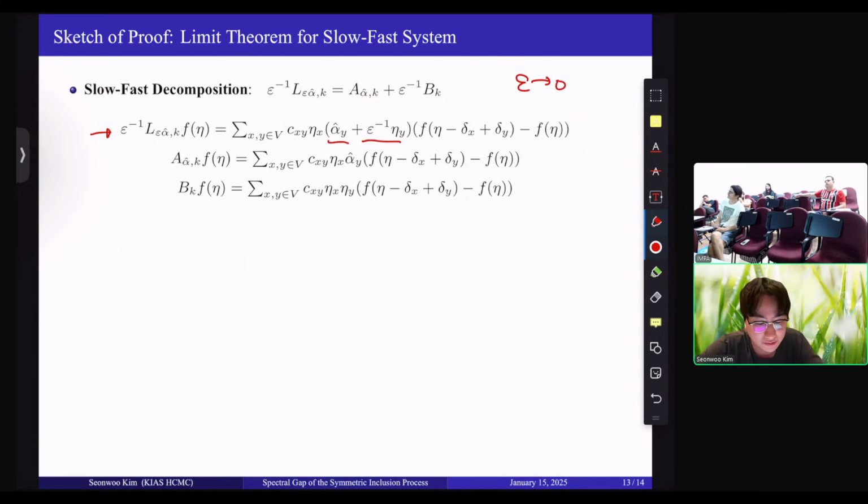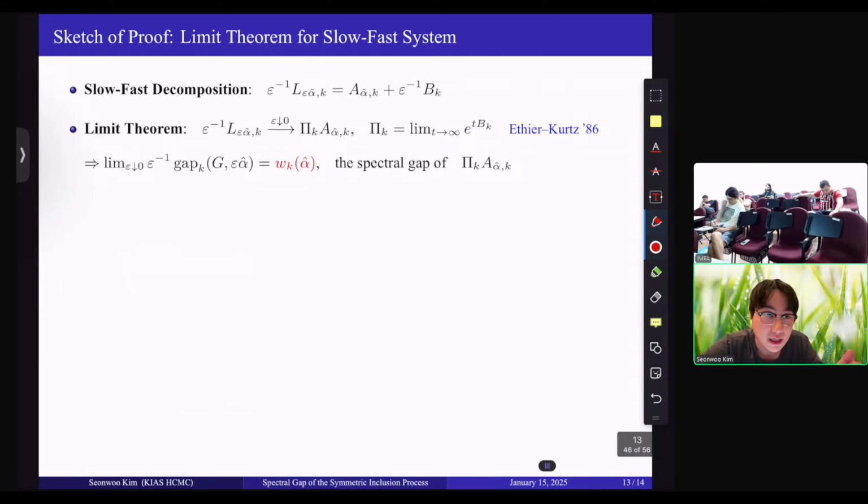We decompose the flow part as A, and the fast part as B, such that the accelerated L is a summation of A and 1 over epsilon of B. And then we use some limit theorem. So this is a very clear result, plus some model-dependent calculation done by us, such that we can prove that this accelerated dynamics converges as epsilon goes to 0 to this kind of specific dynamics.